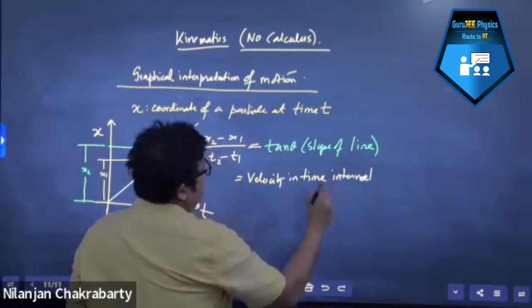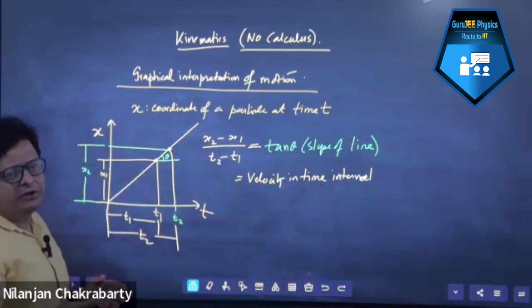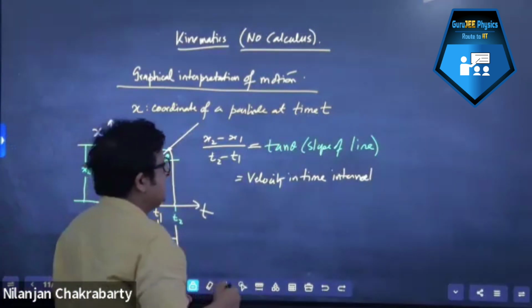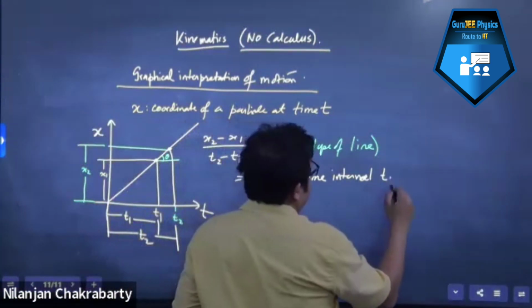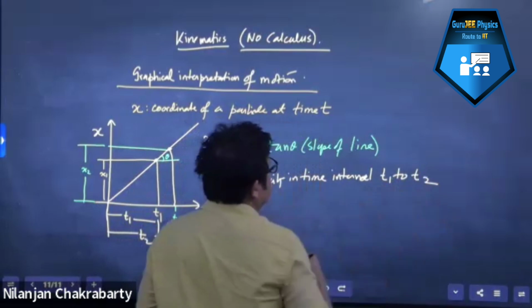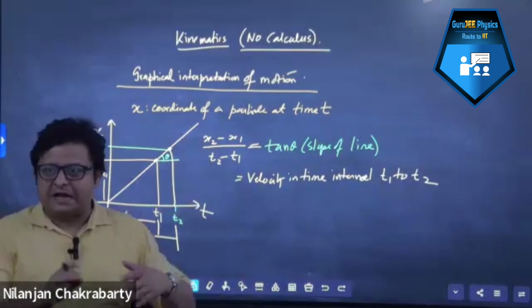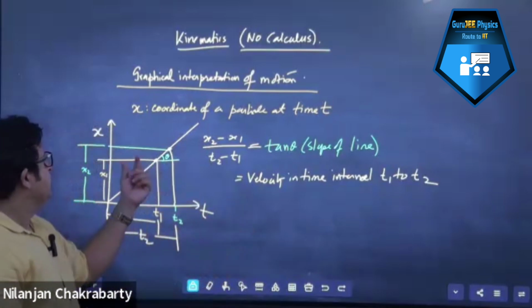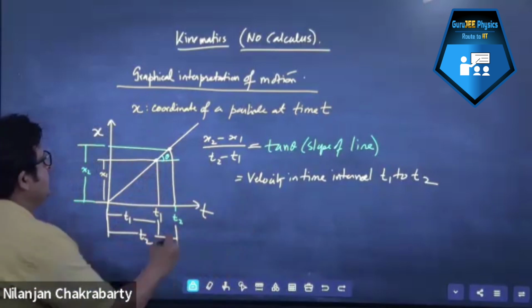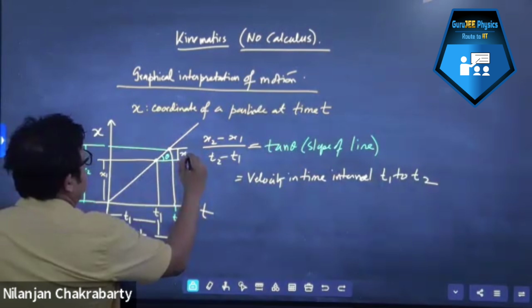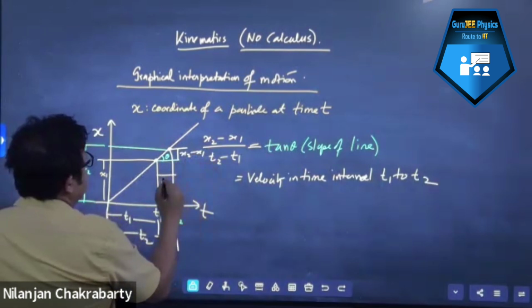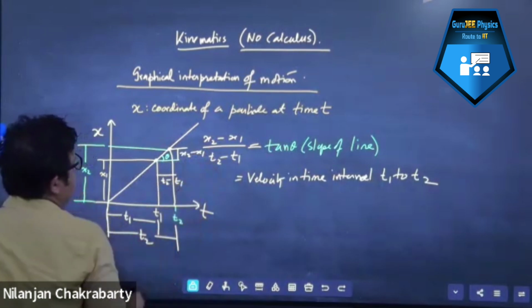Actually x is the coordinate, displacement is the change in coordinate, velocity in the time interval t1 to t2. From time t1 to t2, this is the displacement x2 minus x1, and this is t2 minus t1.